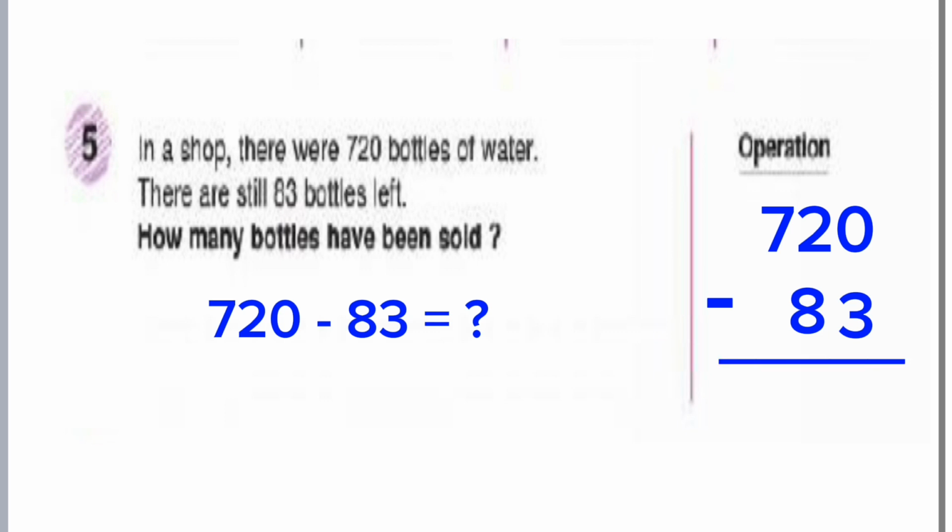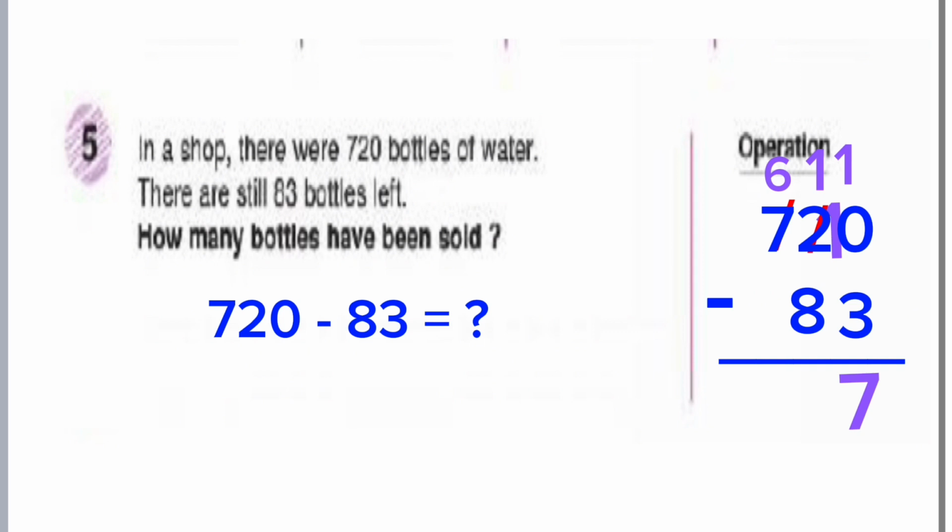Now let's subtract 83 from 720. So 0 minus 3 we can't subtract. So the 0 will borrow from 2. It will borrow 10. So the 2 becomes 1, and the 0 will become 10. Now 10 minus 3 is 7. 1 minus 8 we can't, so we borrow from the 7 in the hundreds, so the 7 becomes 6 and the 1 becomes 11.